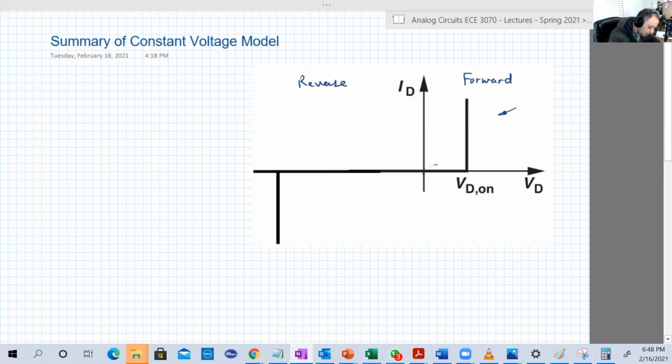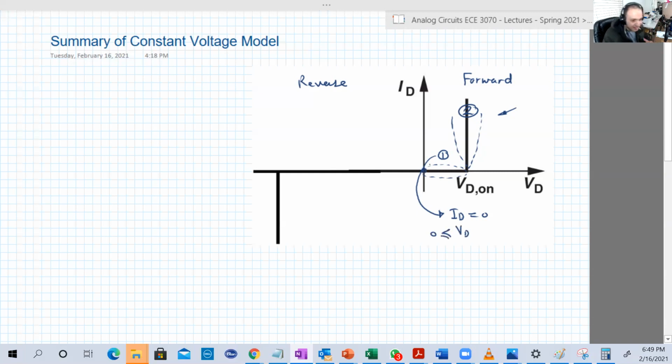Either we are working in region 1 or region 2. In region 1, the current is 0. So one of the unknowns is known, which is the current. So basically, the analysis is to find VD. And VD should be greater than or equal to 0.